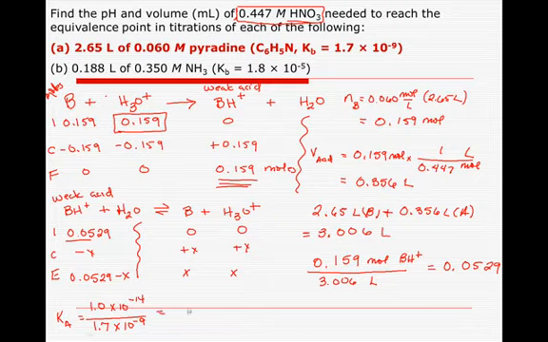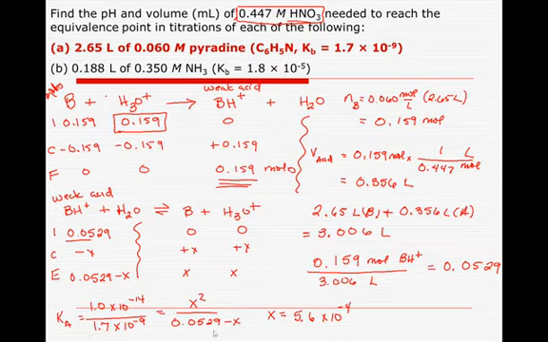And that is going to be equal to x squared over 0.0529 minus x. I won't show the algebra. I think by now you've seen the algebra of that many times. But this is going to give me an x of 5.6 times 10 to the minus 4.